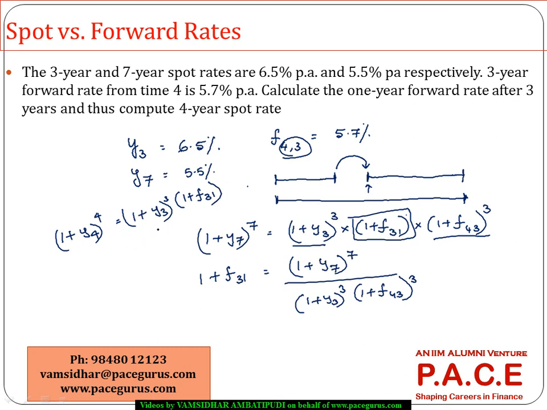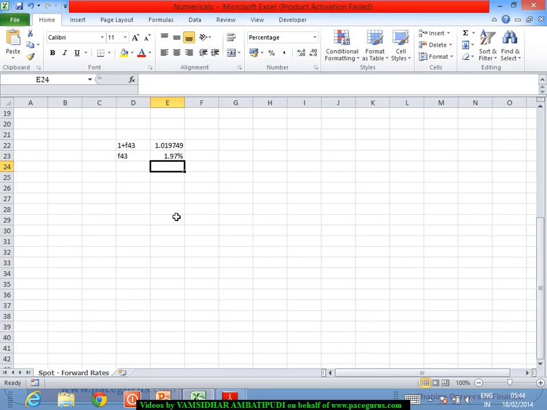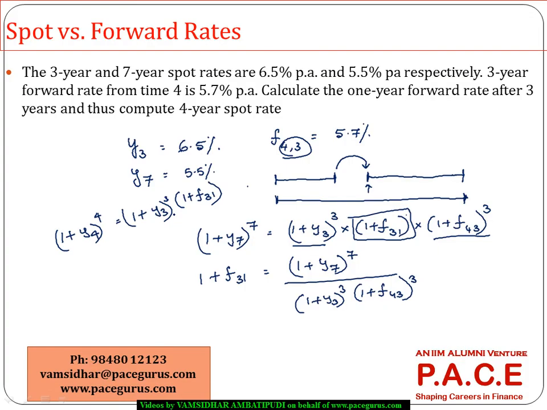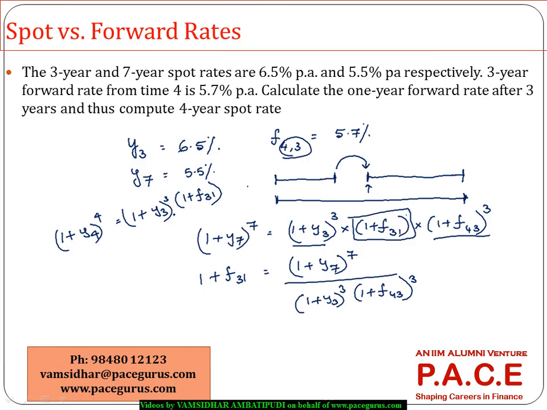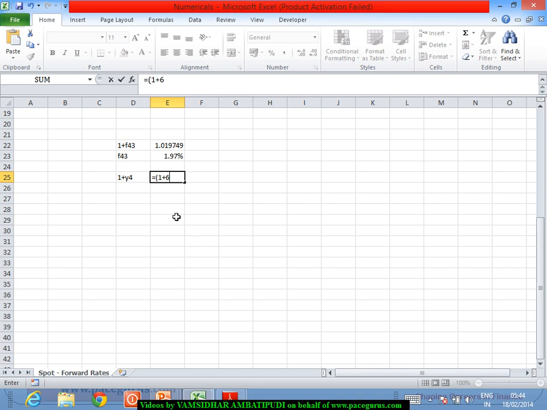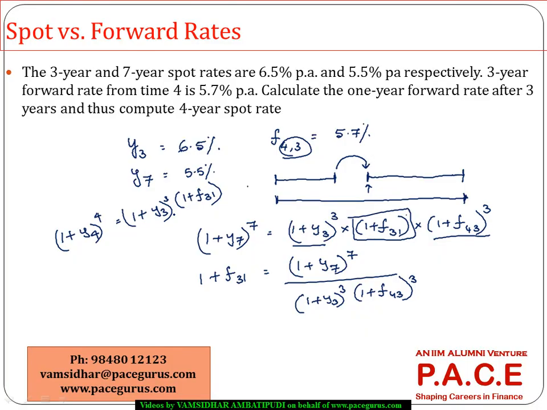So we have 1 plus y3 cube, we have 1 plus f31, so 1 plus y4 we can easily compute. So 1 plus y4 if I want, I can directly find out 1 plus y3 cube. Y3 is 6.5%, 1 plus 6.5% cube multiplied by 1 plus f31.